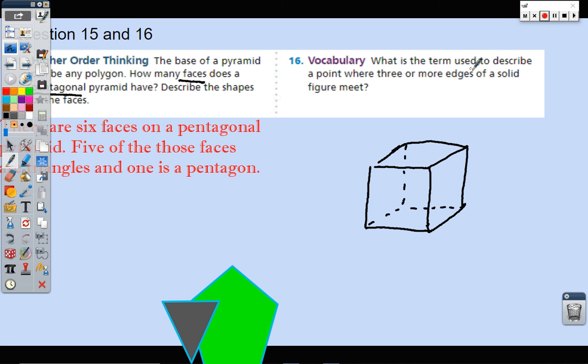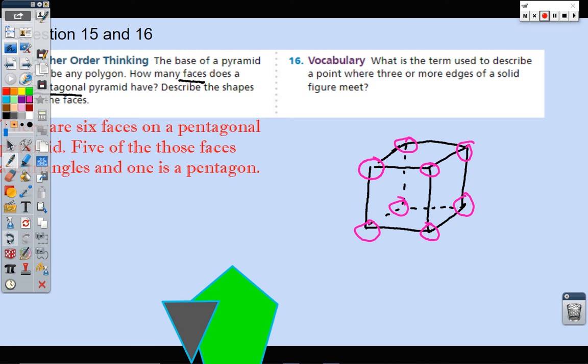Now it says, what is the term used to describe a point where 3 or more edges of a solid figure meet? Well, we have 3 or 4 edges meeting right there, right here, right here, right here, in the back, here, here, and here. We call that a vertex.